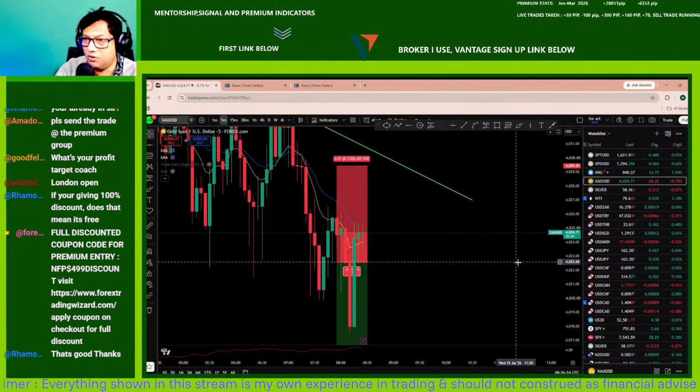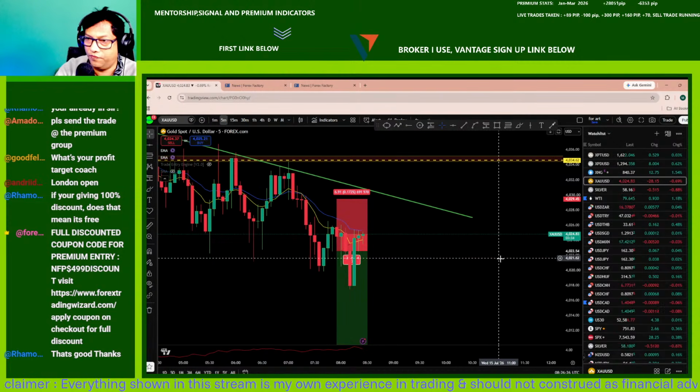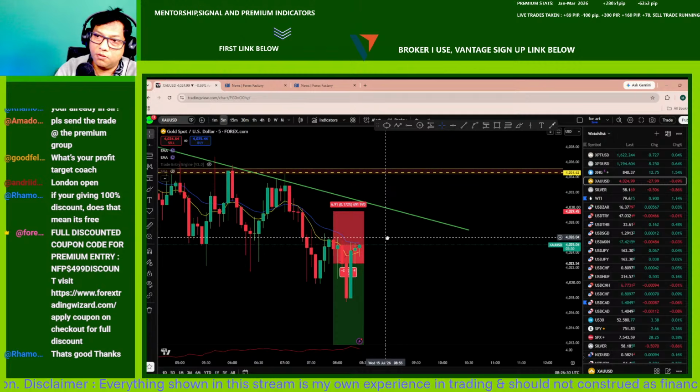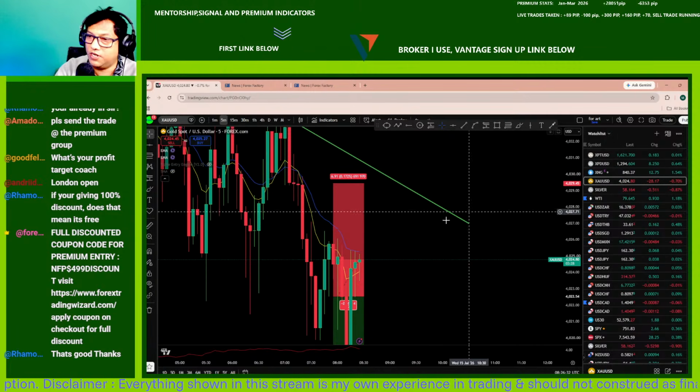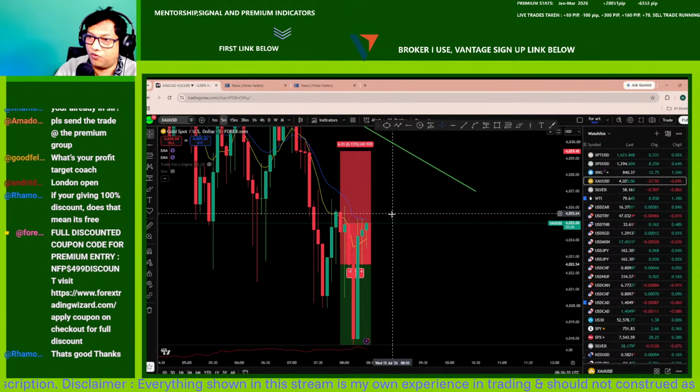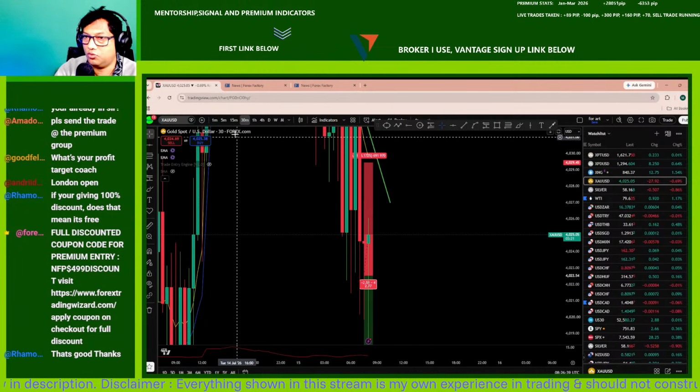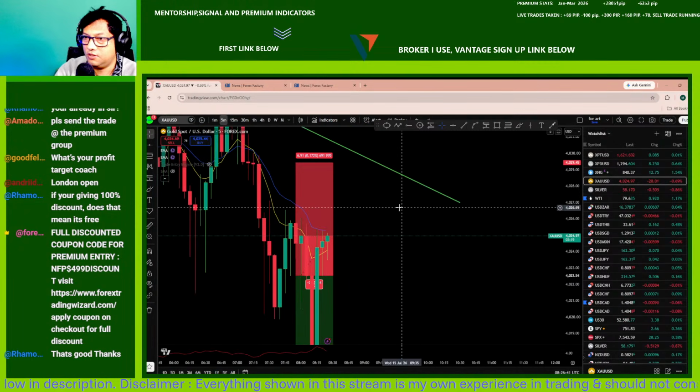So with this long wick candlestick pattern that you can see at this level, some narrow price action has formed at this level, and from that zone you can look at the market structure to maintain its bearish bias.